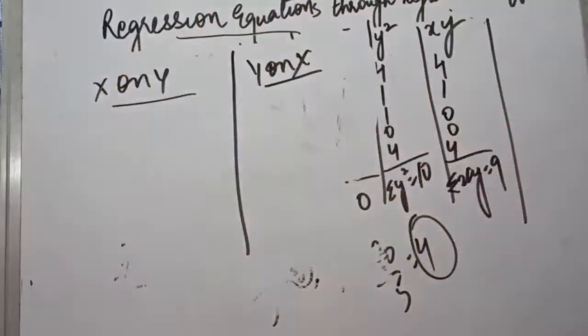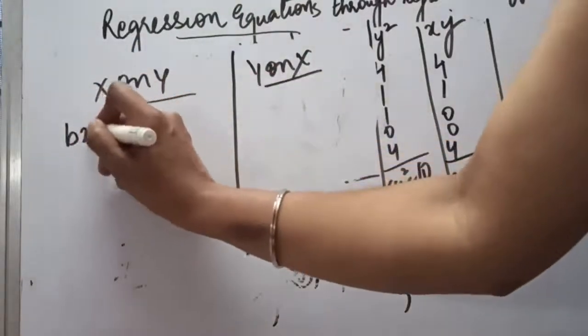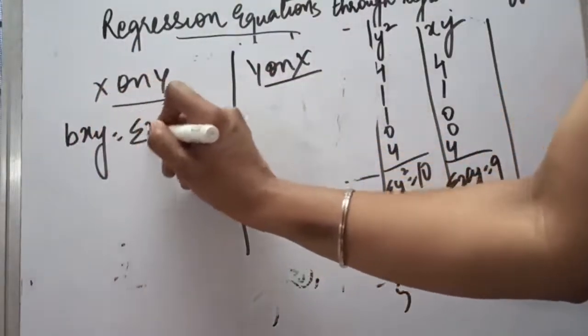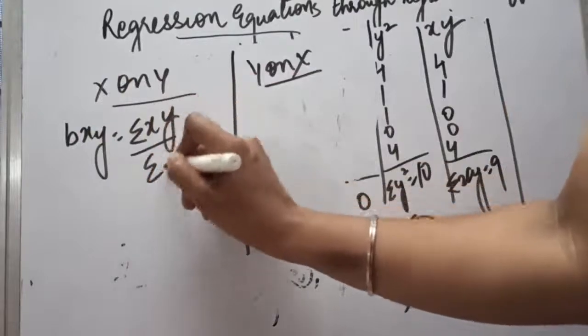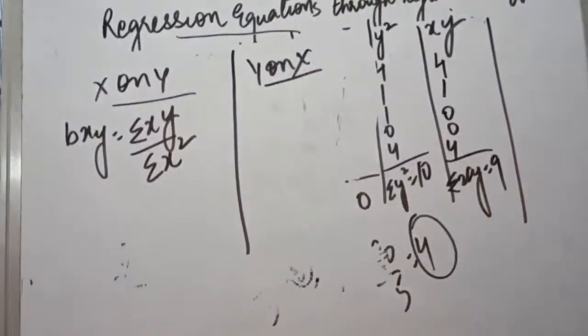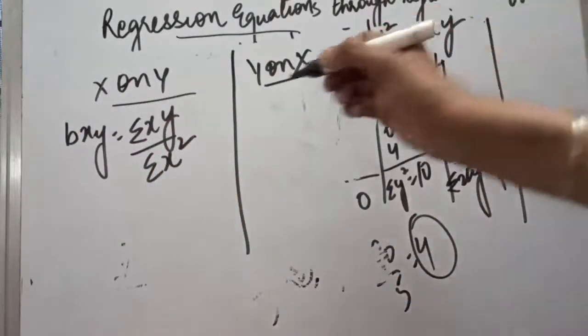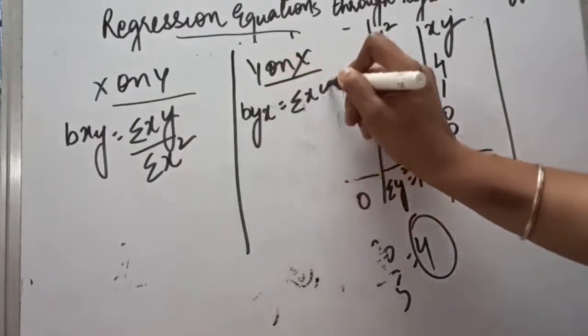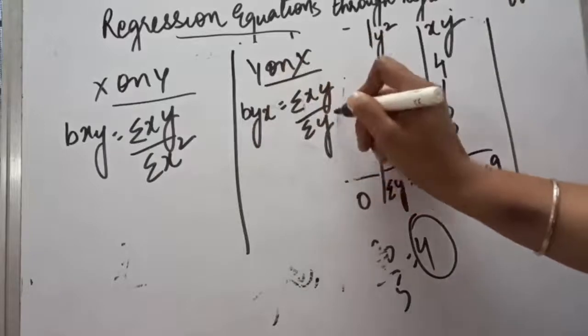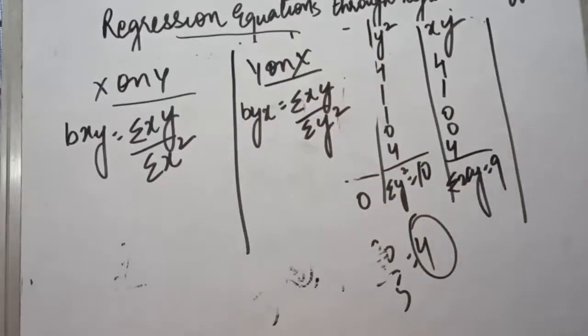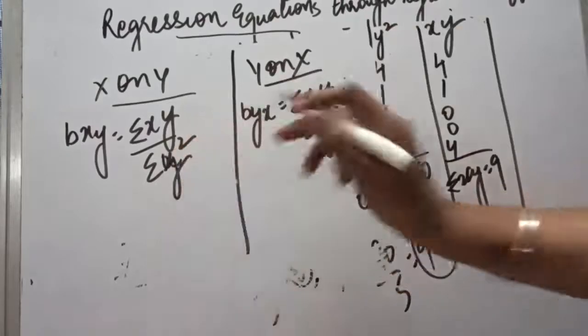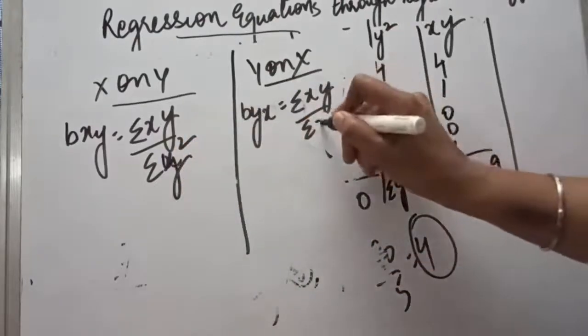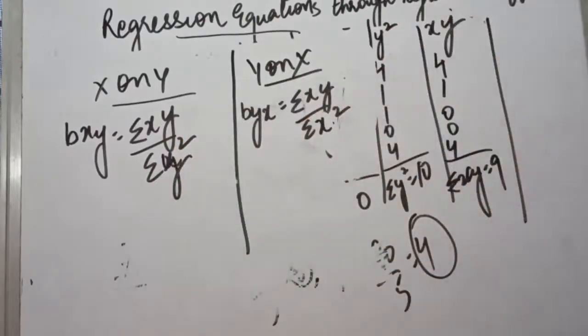For calculating x on y equation, we will require bxy, and the formula for this is sigma xy divided by sigma y square. And for byx, we have written the formula like this. Sorry, y was on this side and x was on this side. So these were the formulas that we have written.